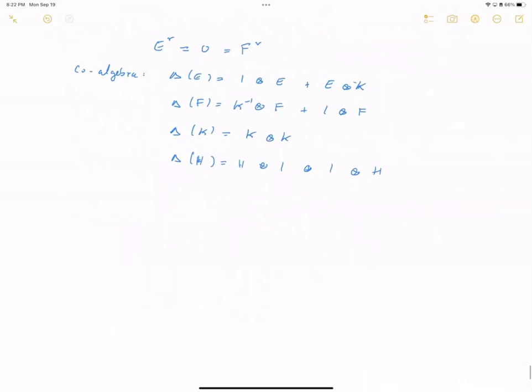Okay, and then in order to make it into a Hopf algebra, you also need a co-unit. Very quickly, epsilon, the co-unit, maps everything to 0 except K to 1. And then the antipode is of this form.